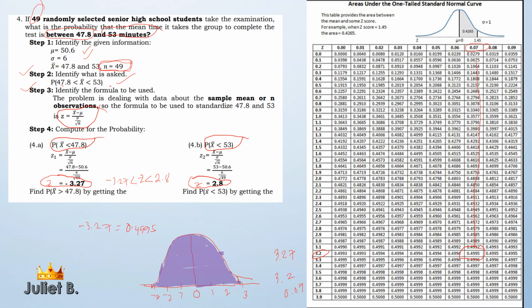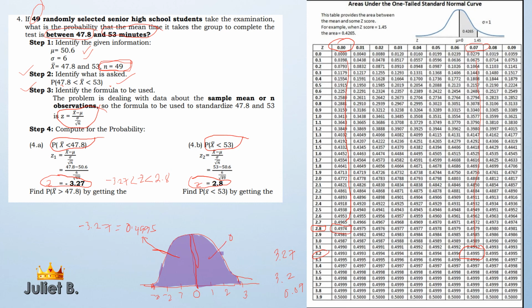So the probability we got for 3.27 is from here to 3.27, this side, 0.4995. For 2.8, we look at 2.8 and 00, so the intersection is 0.4974.